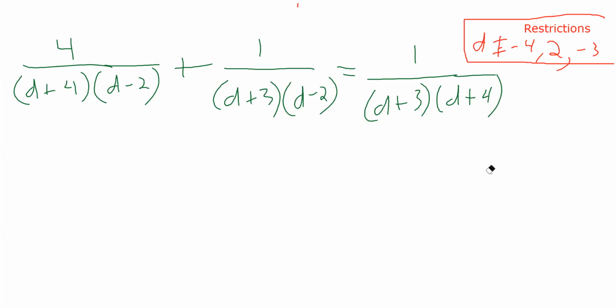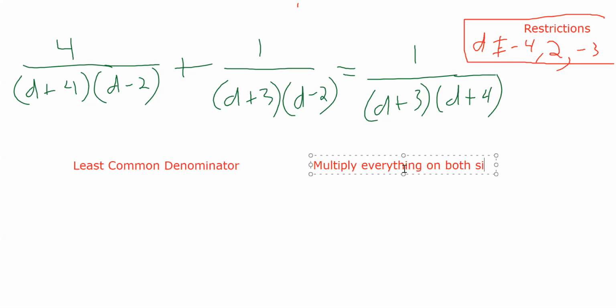And I agree, that would just be the bomb if we could have that. Here's how we're going to get it. We're going to find the least common denominator. And once we find the least common denominator, we're going to multiply everything on both sides by that least common denominator.